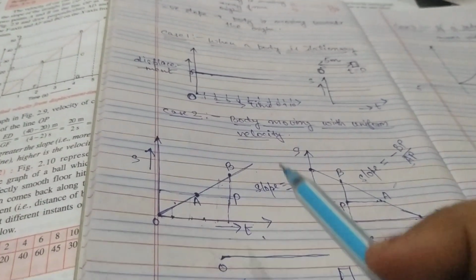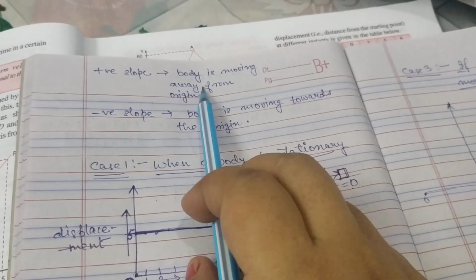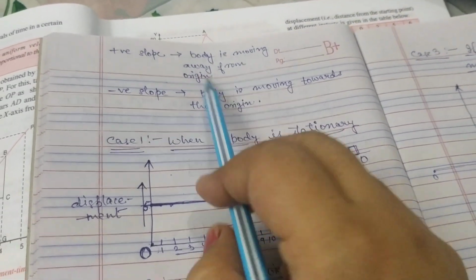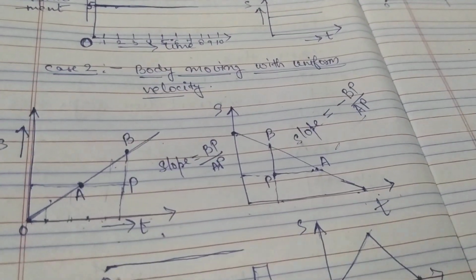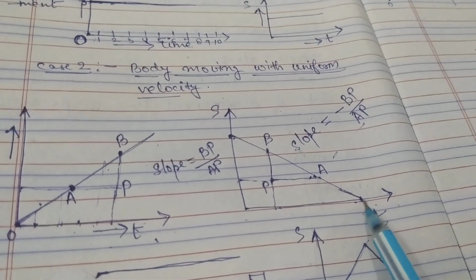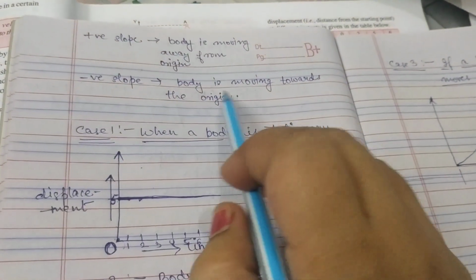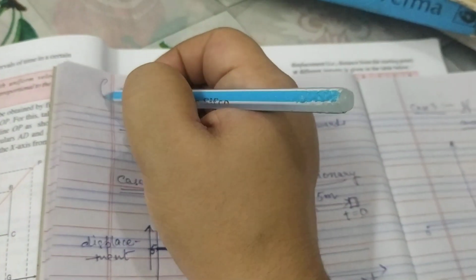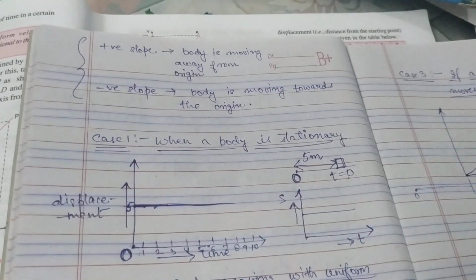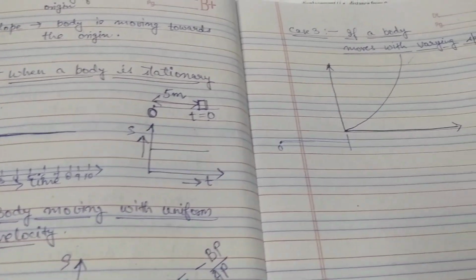That means a positive slope shows that the body is moving away from the origin, and here the body was coming towards the origin, right? Therefore the displacement was decreasing. So negative slope shows that the body is moving towards the origin. You have to remember this always, for any graph.